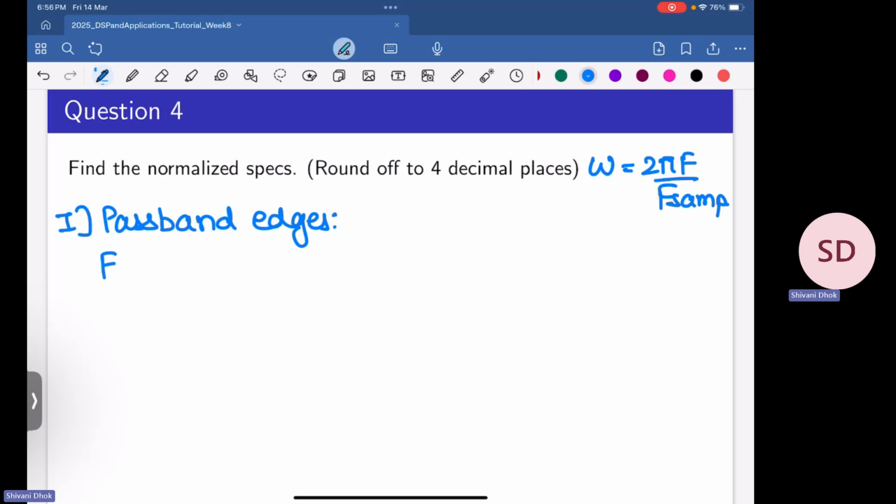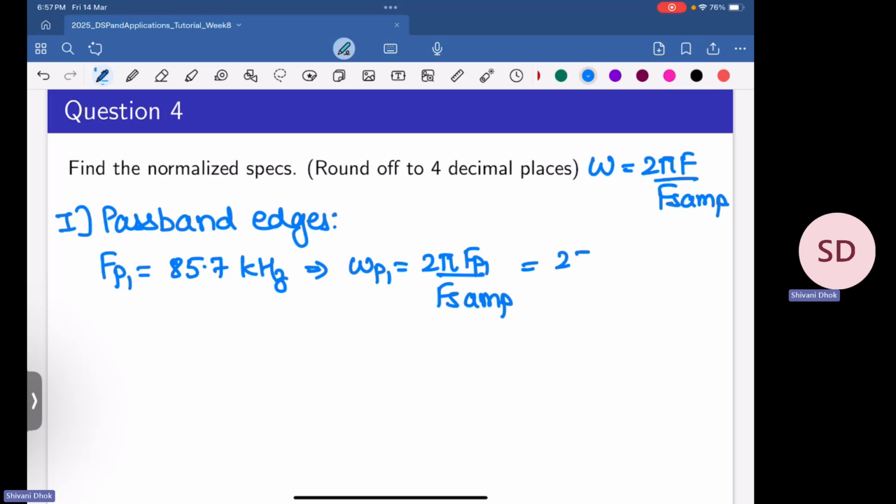So first one is FP1, which is 85.7 kilohertz, which means that omega P1 will be 2 pi FP1 by F sam, which is equal to 2 pi times 85.7 kilohertz. I'll ignore writing 10 raised to 3 now because both the frequencies are in kilohertz, divided by the sampling frequency, which is 330 kilohertz.